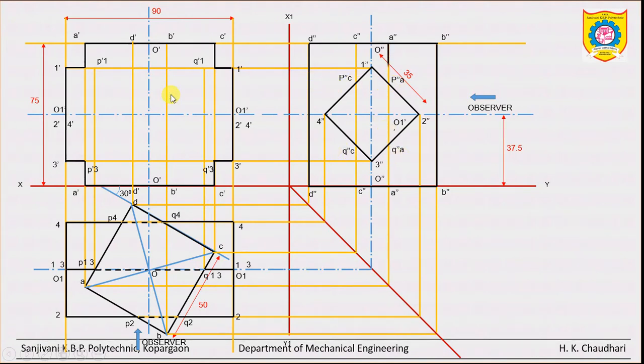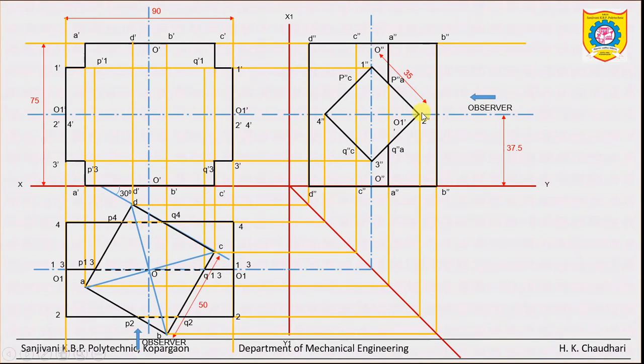See, up to PA in the side view we can observe this edge thick. Here also you can see it in the top view, because there is a hole made in this edge number A. So up to this point PA we can observe the thick edge, and from the bottom also up to QA.